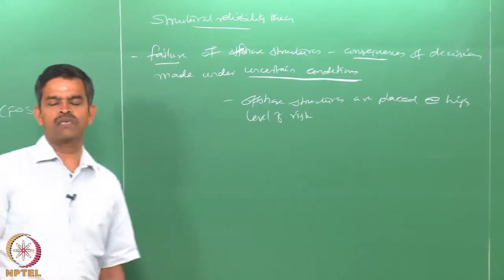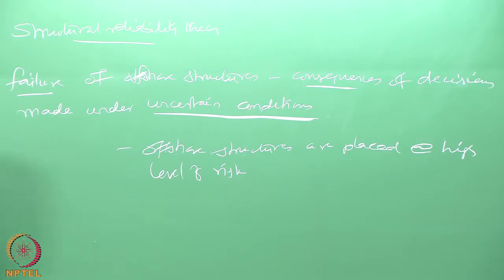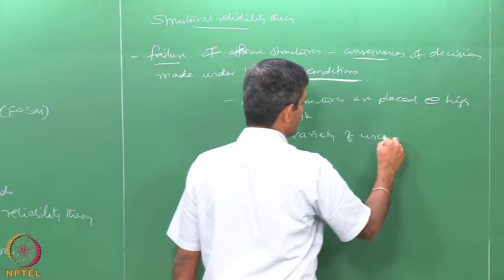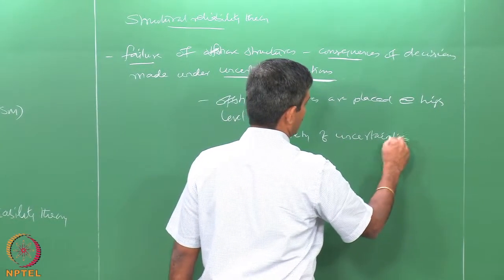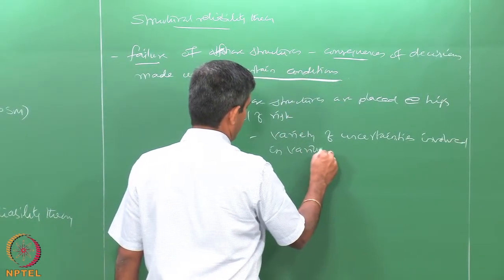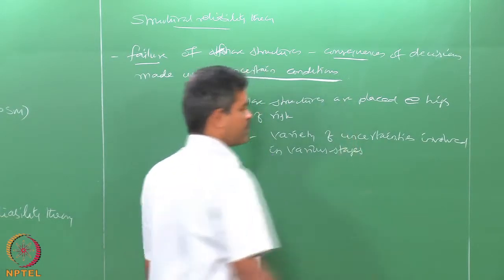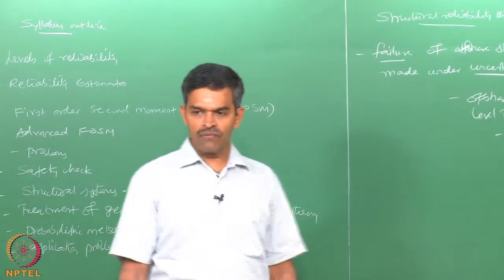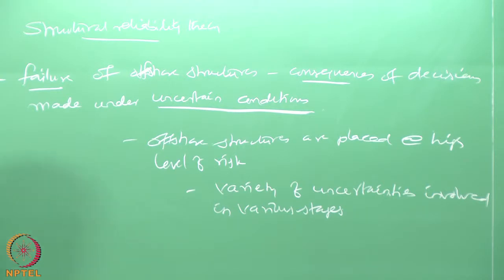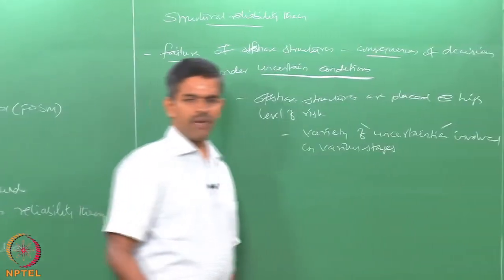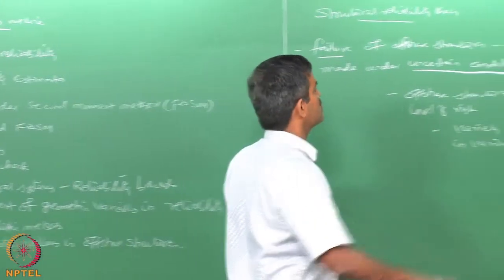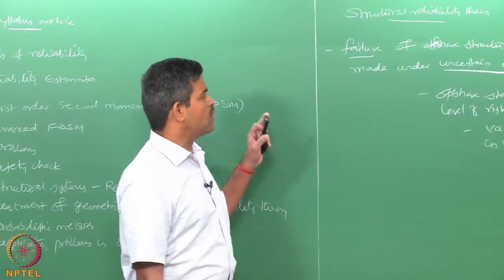The main fundamental reason why we make this statement is because of a variety of uncertainties involved in various stages, as we saw from the lectures in the first module. Therefore, under certain conditions which are not known to us clearly, what we say as uncertain, we make certain decisions, and these decisions can lead to a series of consequences which can result in failure of offshore structures.